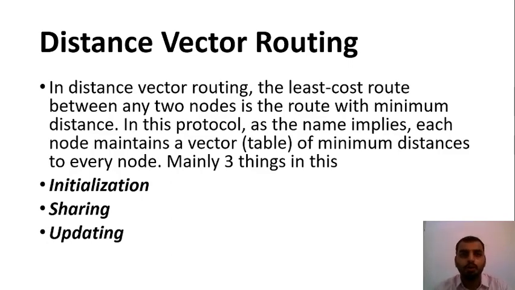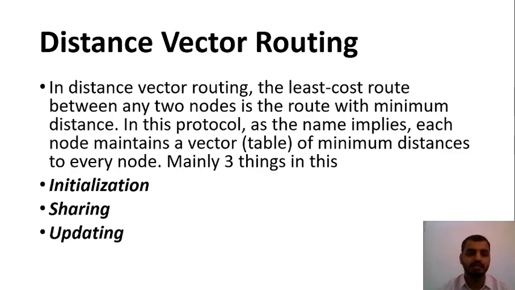It depends on you which route you take for an efficient, smooth delivery of the packets or information from one router to another router, or from one network to another network.